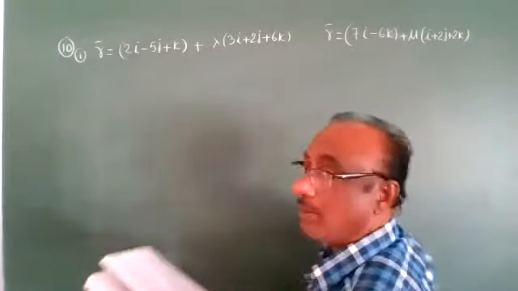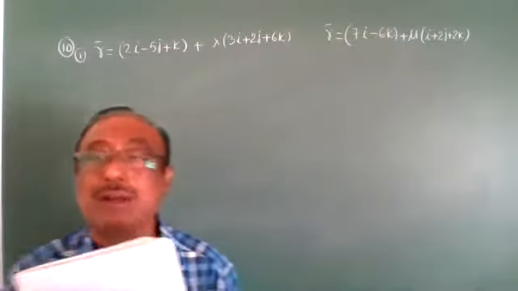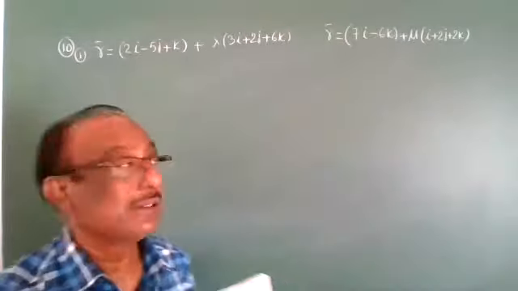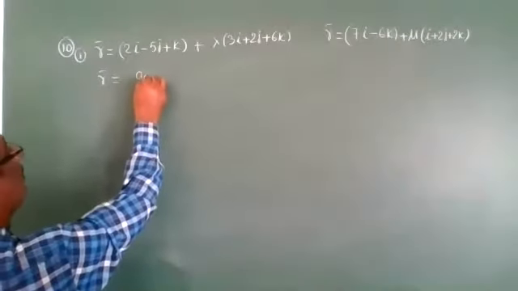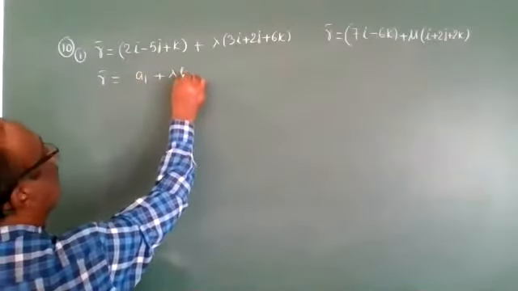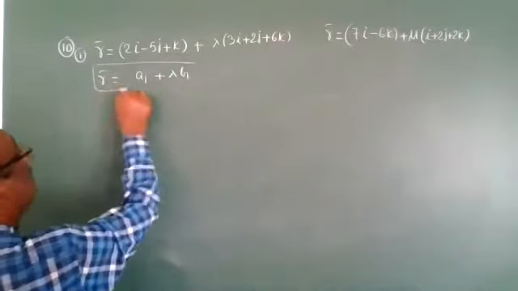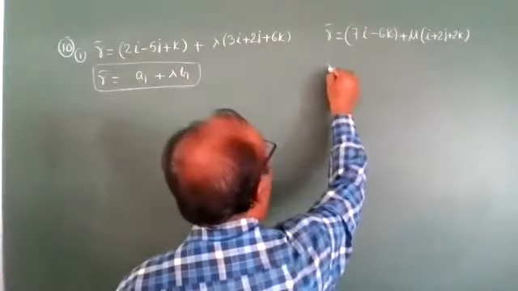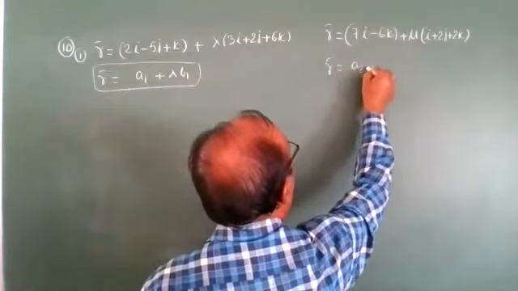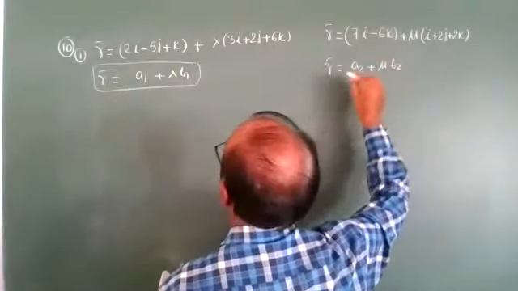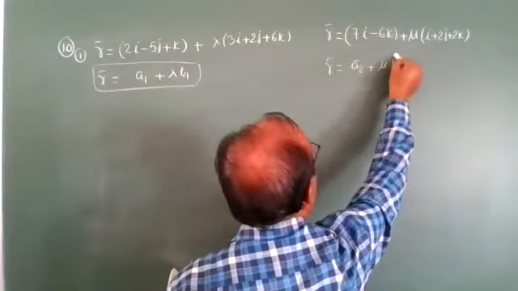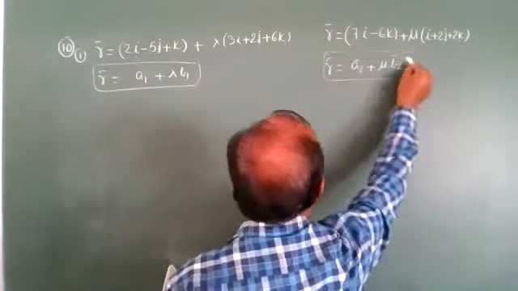This is the given problem. Everyone see, right? The first is in the form r bar equals a1 bar plus lambda into b1 bar. The second is in the form r bar equals a2 bar plus mu into b2 bar.